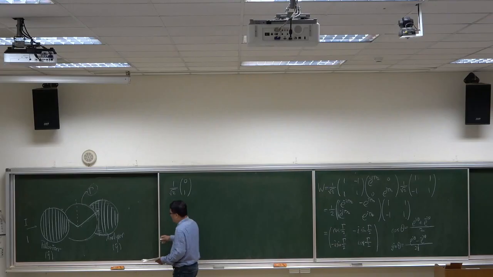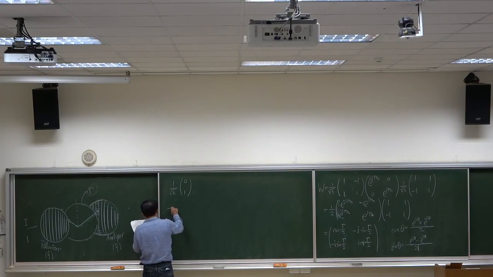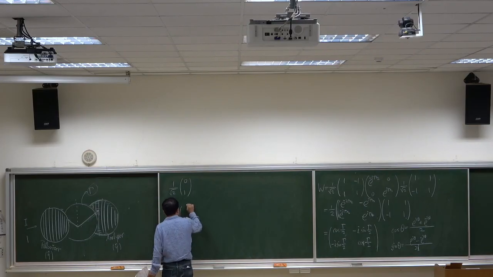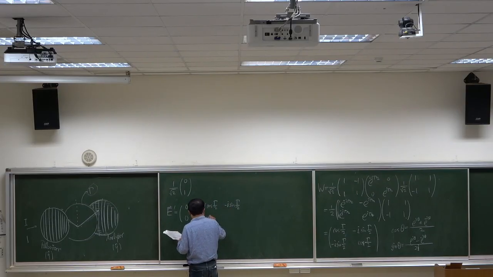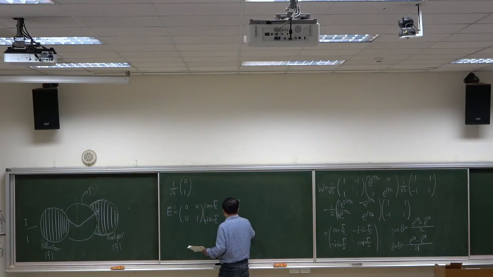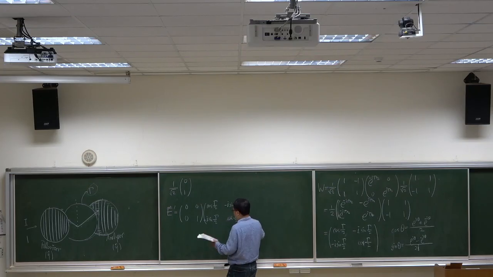And so the final E becomes E_y, (0, 1) times W, cosine half gamma, minus I sine half gamma, minus I sine half gamma, cosine half gamma. Okay.